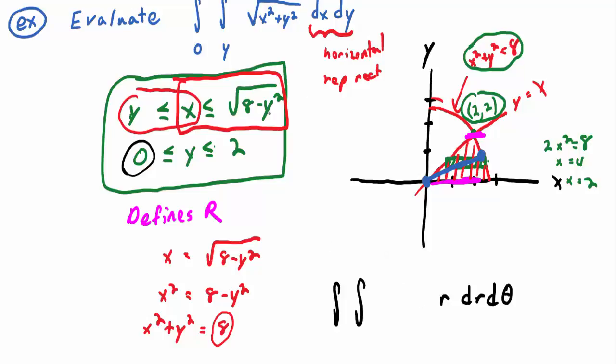The square root of x squared plus y squared. X squared plus y squared is r squared, so the square root of r squared, and that's multiplication right there. Now, the limits of integration on r. What does r range between? R goes from 0 right here to the end right here. So from 0 to what? In polar coordinates, it's just the radius of the circle, isn't it? So what's the radius of this circle? Root 8. So it goes from 0 to root 8.